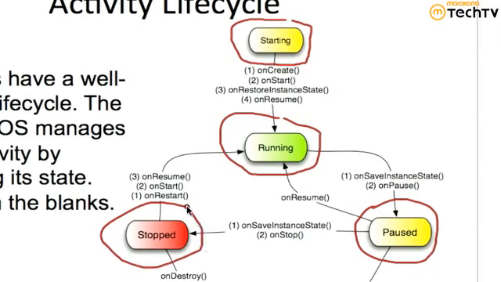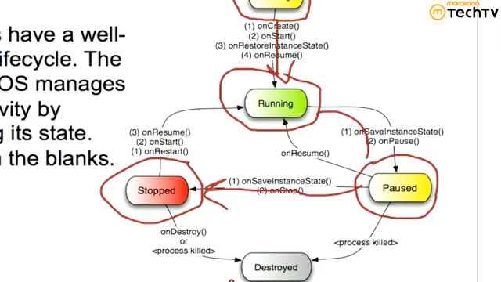So typically an activity is going to go into running, and from there it's going to go to paused, but really quickly it's going to go into stop state. That's pretty normal. Now from stop, it may get restarted if the user goes back to that activity, or it may get destroyed. That's a typical life cycle of an activity.